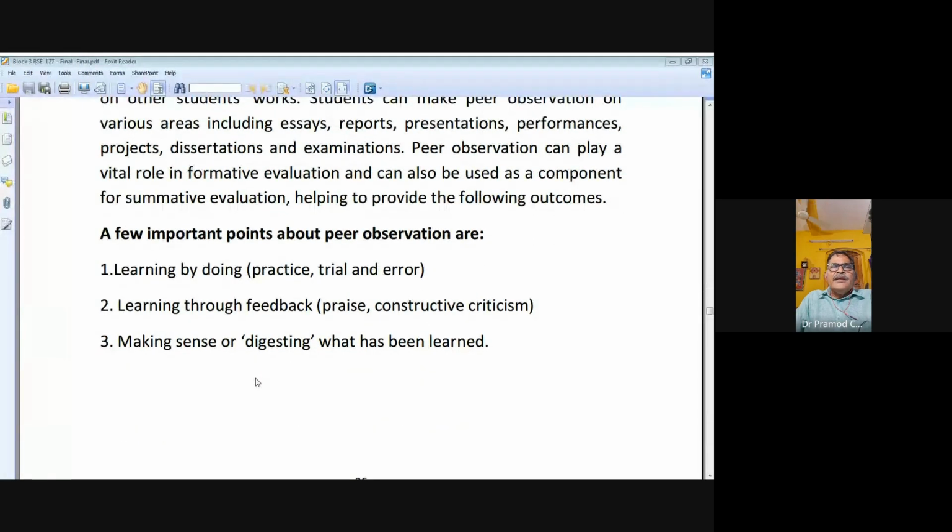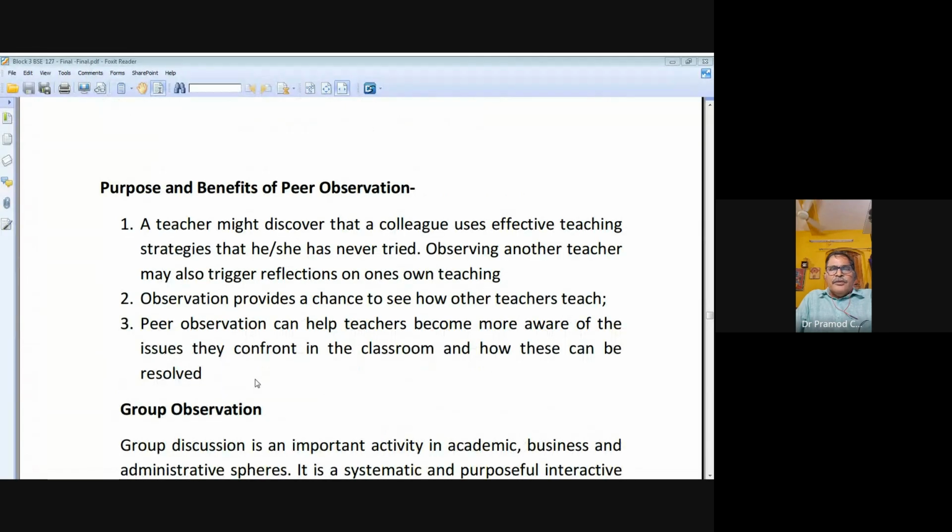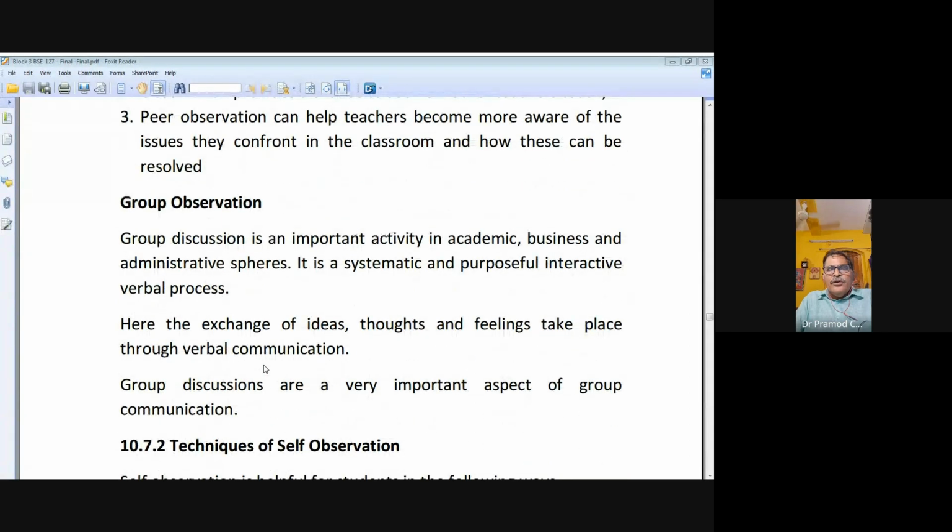So definitely we must help in the process of observation to develop the learner in his or her academic field. But when we are in a group, we must think that in the group the observation should be very systematic and purposeful.